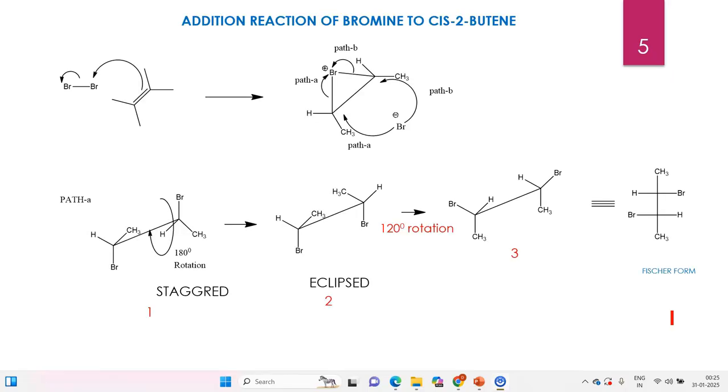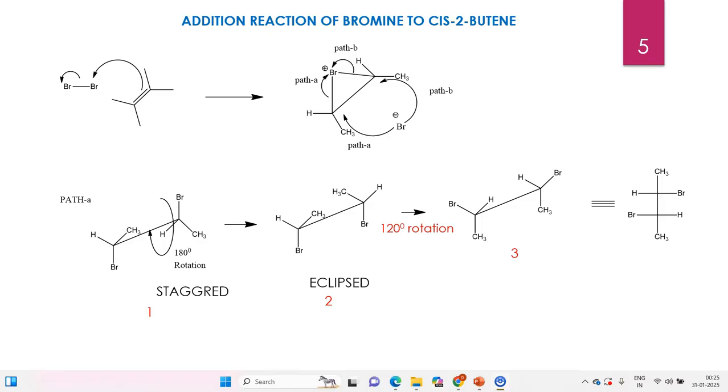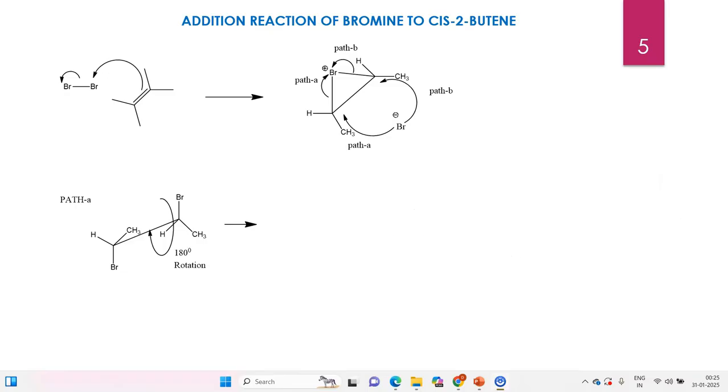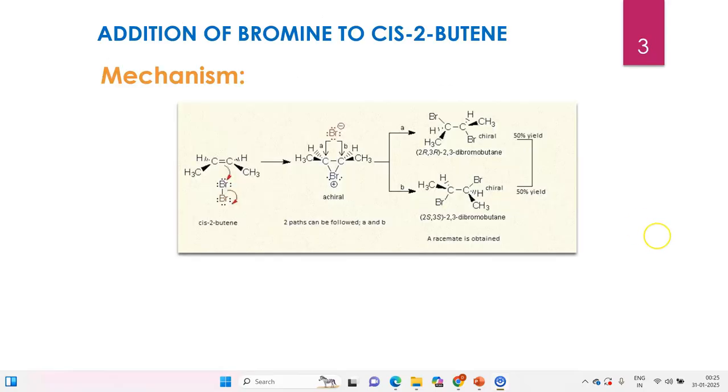We have seen already with cis-2-butene what we get here: we get the racemic mixture. That is true. This means this reaction is stereoselective as well as stereospecific in nature.